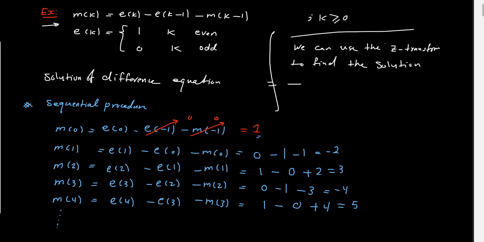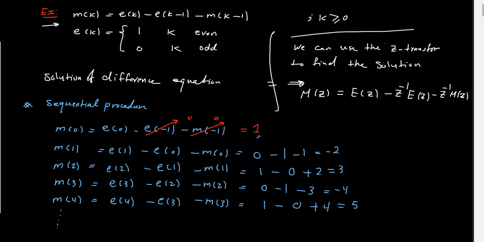If we use the Z transform, M(z) will equal E(z) minus E(k minus 1), which, according to the shifting theorem, will be z minus 1 E(z), minus z minus 1 M(z).